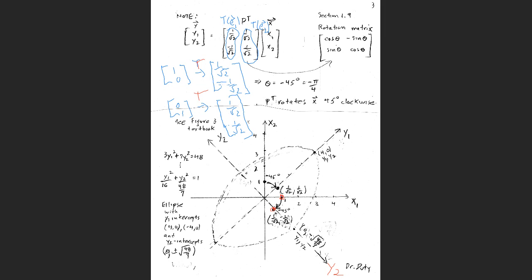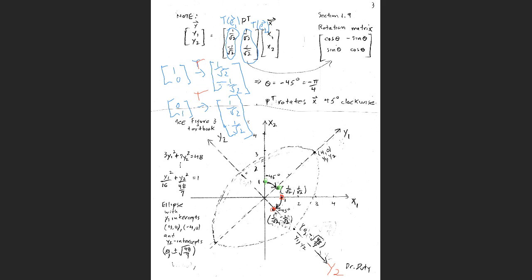On the other hand, the (0, 1) point under this transformation gets mapped to the point 1 over root 2, 1 over root 2. Notice that's the eigenvector, right? The normalized eigenvector. And so the x2 axis gets mapped to the y1 axis.